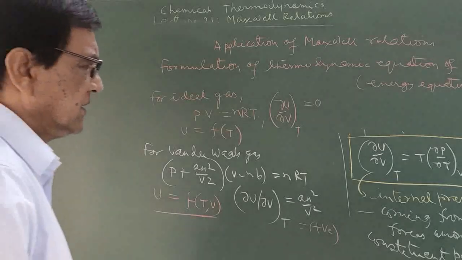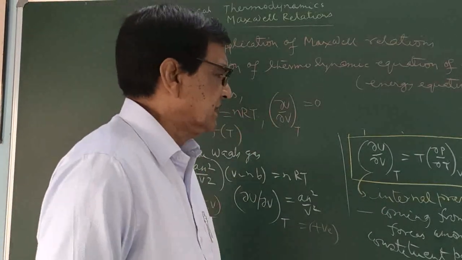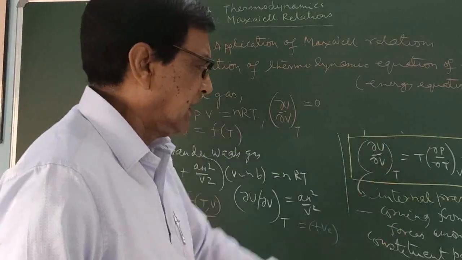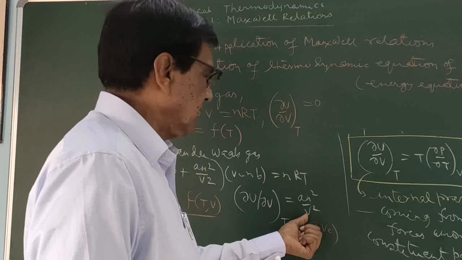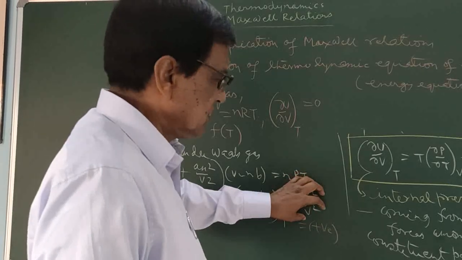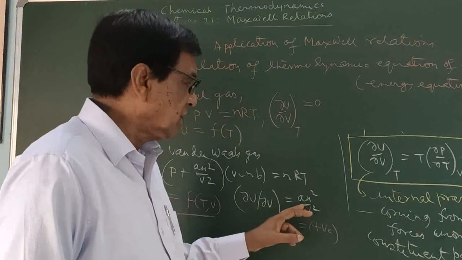So for substances other than ideal gases, this internal pressure has a very low value. Actually, V is very large, a is small. So this value is relatively small, but definitely non-zero.